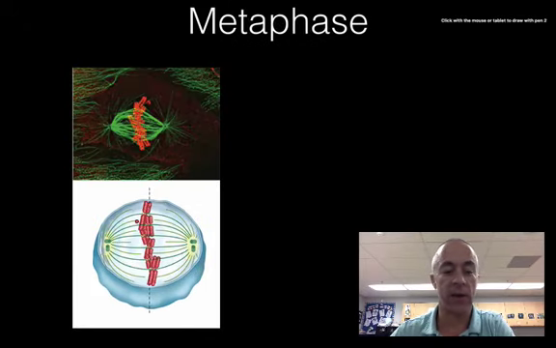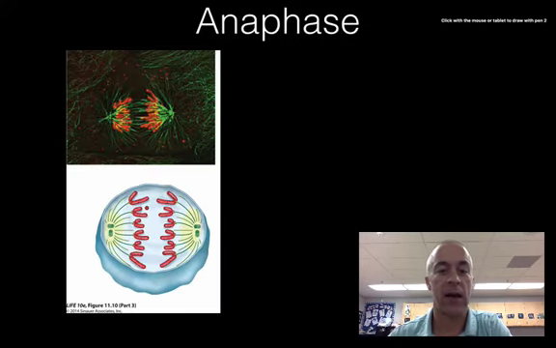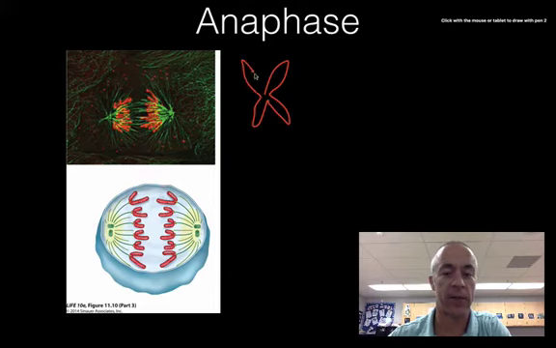In metaphase, now we've got all of our chromosomes lined up down the middle of the cell, and again you can see these green lines coming off here, and in our stained image up above, those are these spindle fibers forming that are going to help these chromosomes separate. After metaphase is anaphase, and now you'll see these spindle fibers are shortening and our chromosomes are getting pulled apart from each other. One little piece of vocabulary here that we haven't covered yet.